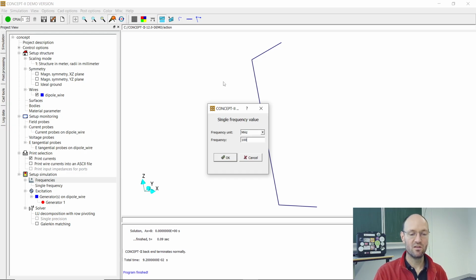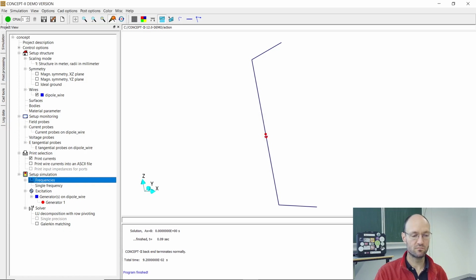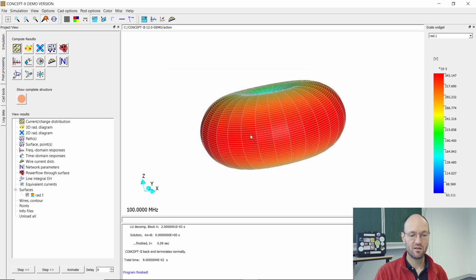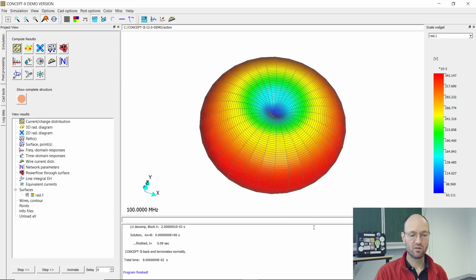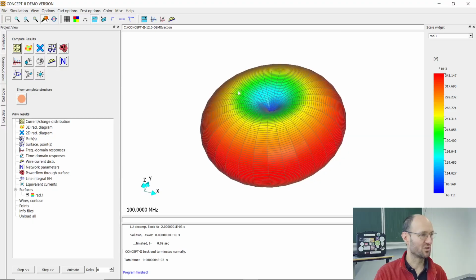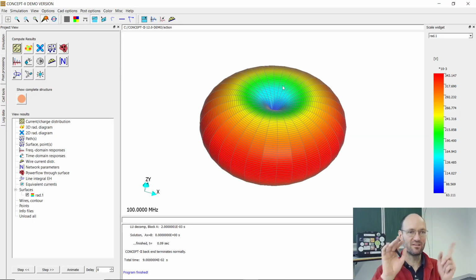So if this structure is smaller than the wavelength, so now here it is again just a third of the wavelength, and if you simulate and look at the results, it still once again looks like a donut. You can see that the donut is at some positions a bit out of shape, because of this asymmetry of the model, but it's still a donut.